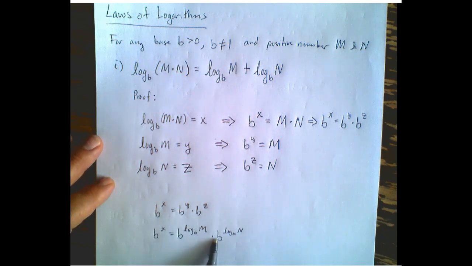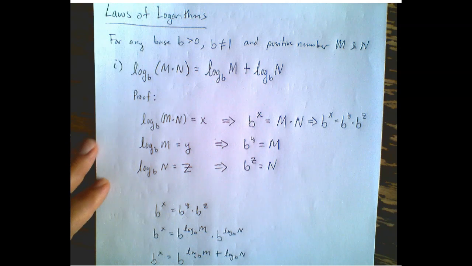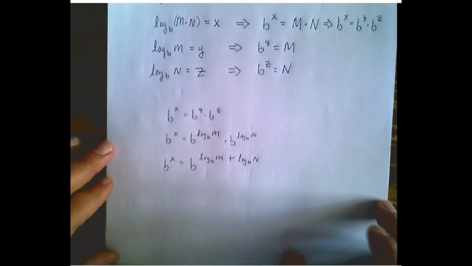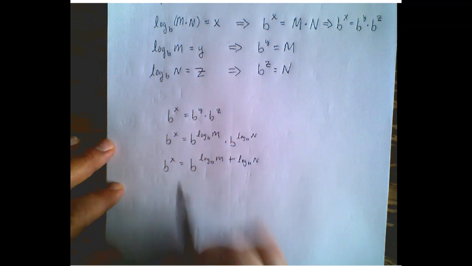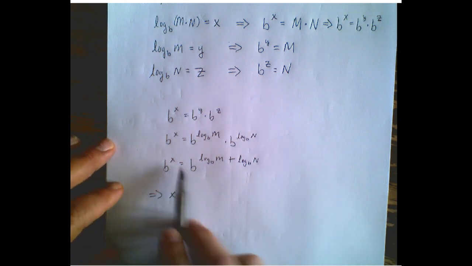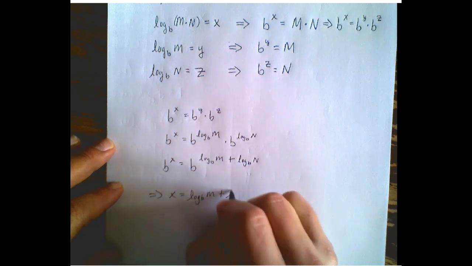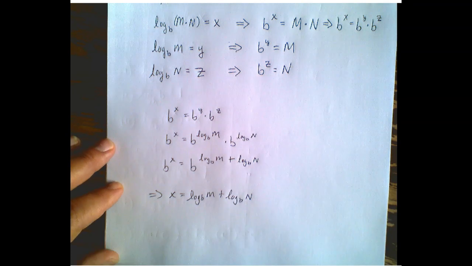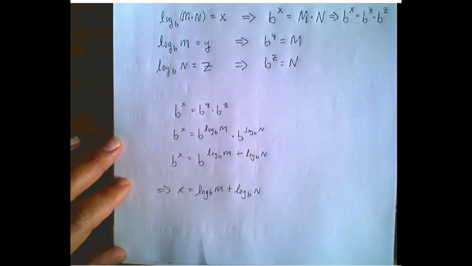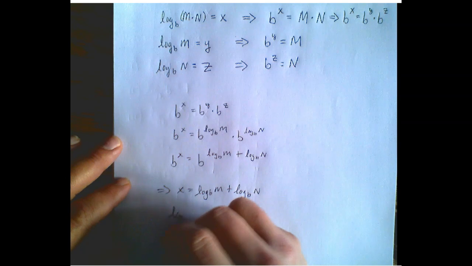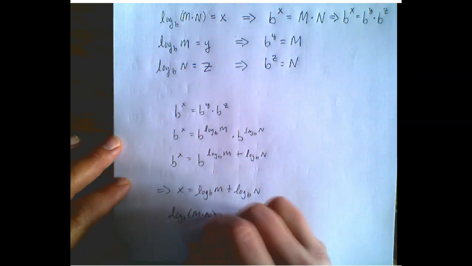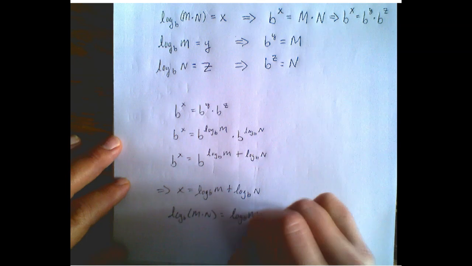And remember, when we multiply with like bases, this is equivalent to b to the log base b of m plus log base b of n. Which means that x must be equal to log base b of m plus log base b of n. And x originally was log base b of m times n.